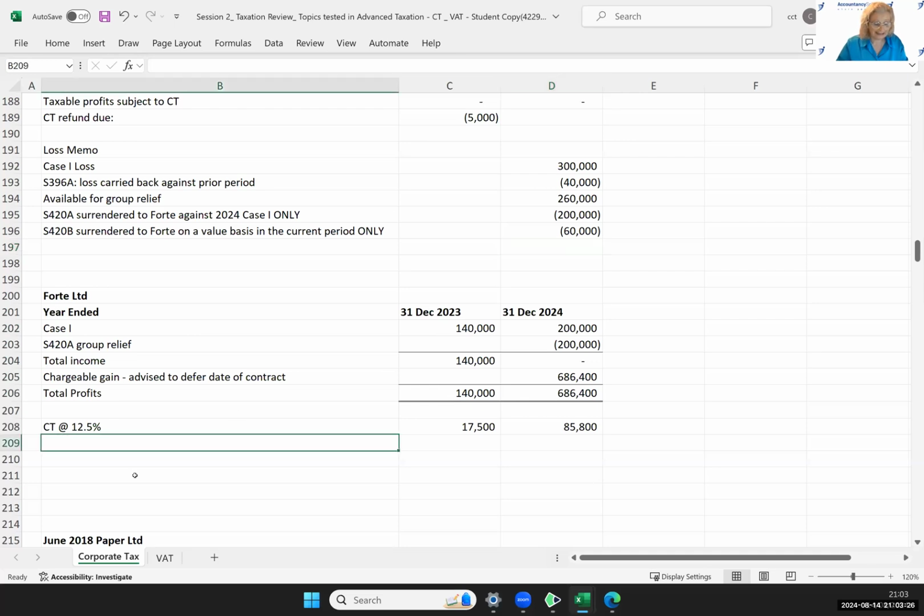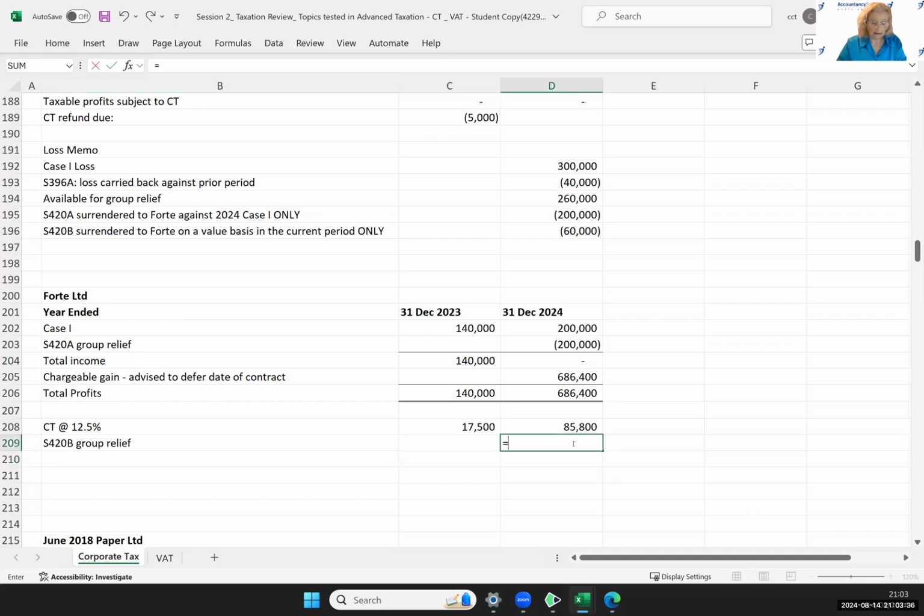We're going to take that 60,000 offset against Forte Limited. When we're using the losses on a value basis, you take the amount of the loss multiplied by 12.5%. Because remember, value basis gives you the value of the tax saving.